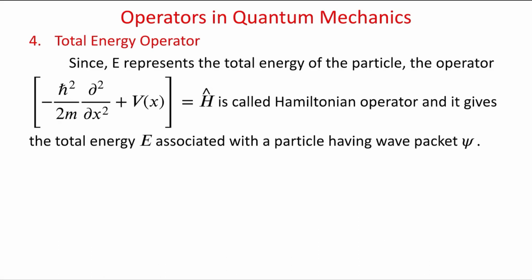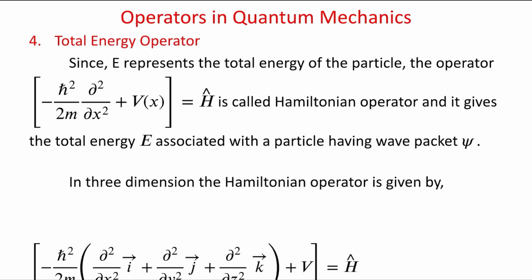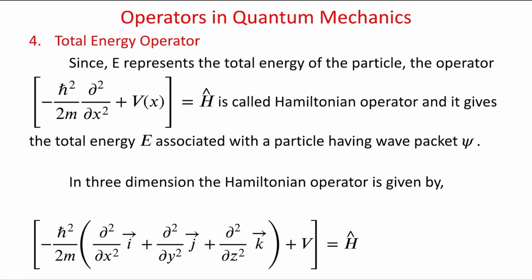So the operator minus h cross whole square divided by twice m del square upon del x square plus V(x), which is represented by the Hamiltonian operator H cap, gives the total energy E associated with a particle which is having a wave function or wave packet denoted by psi.